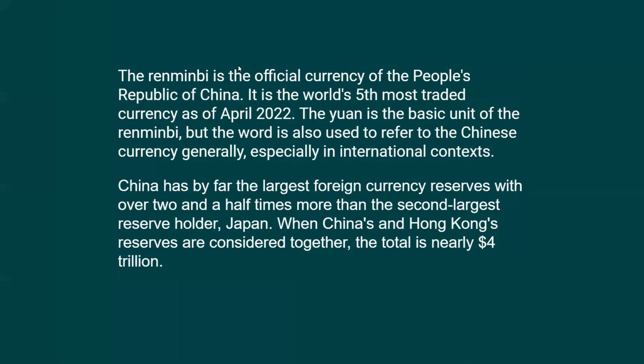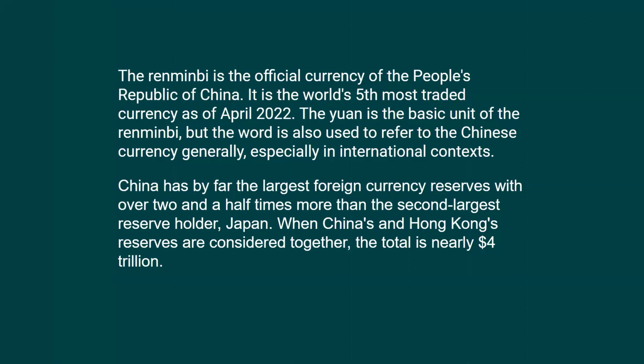So when you think about renminbi, it is the official currency. They are the fifth most traded currency, believe it or not, as of April 2022. And yuan, we usually just say Chinese yuan is the basic unit of renminbi. We use them interchangeably.